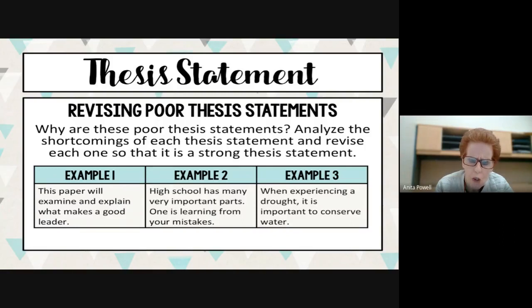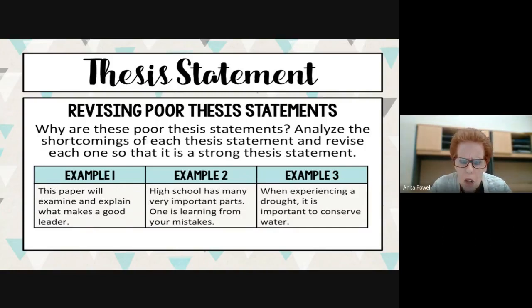Example 2, high school has very important parts. One is learning from your mistakes. Okay. Problem with this, why don't we say that in high school, we learn many things like learning from our mistakes, social skills, ways to better state our premises as we're dealing with things.